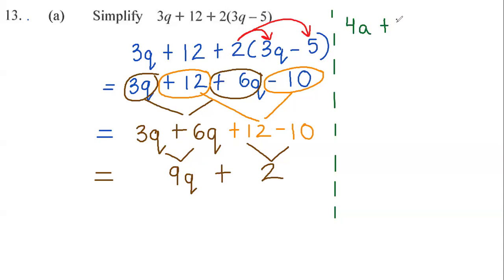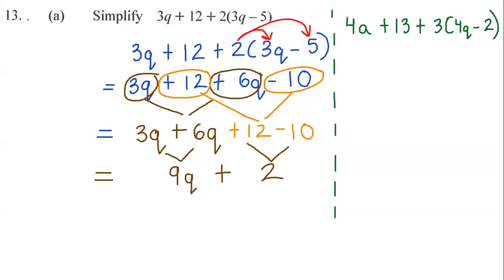13 plus 3, open bracket, 4Q minus 2. Let's do that.